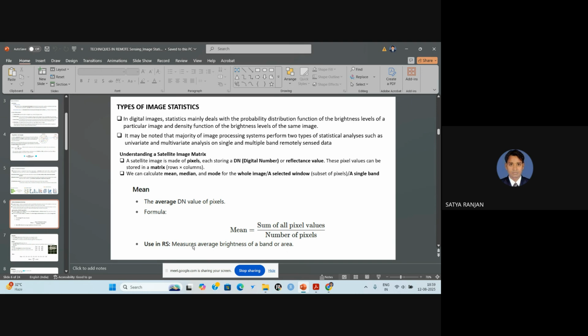If the mean value is very high, then there are different structures and high reflectance information. If it is very low, then it may be water bodies or forest areas in this satellite image. So mean describes different information, and it also gives some idea about the particular scene of the satellite image. So this is the use of the mean.